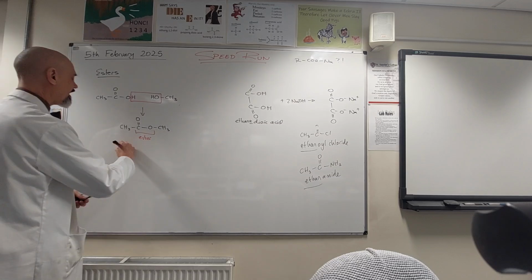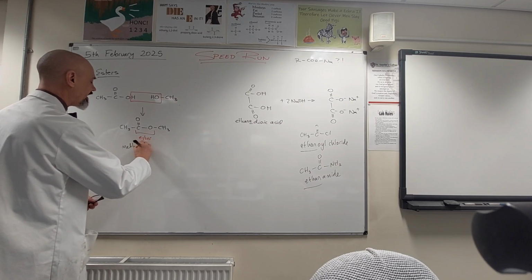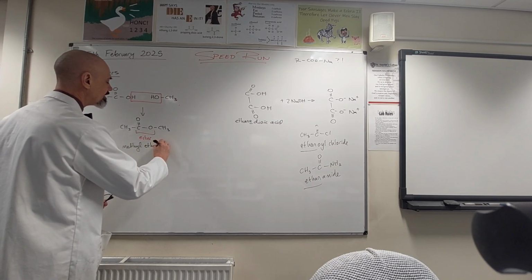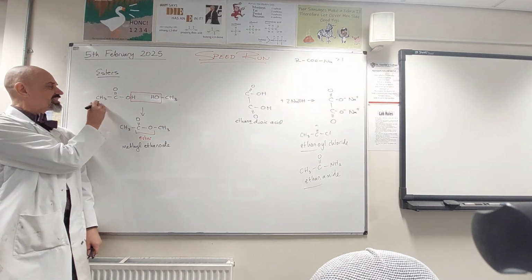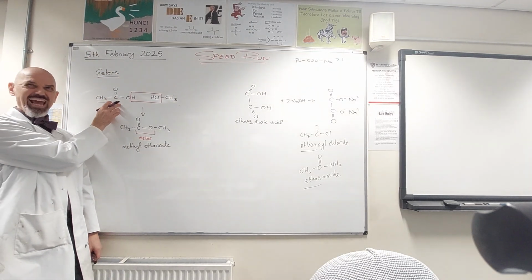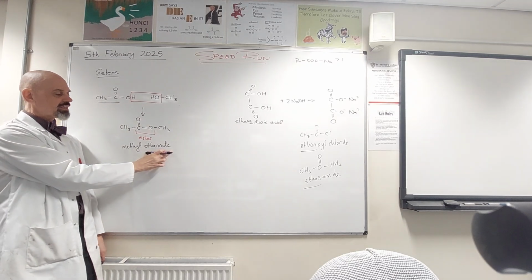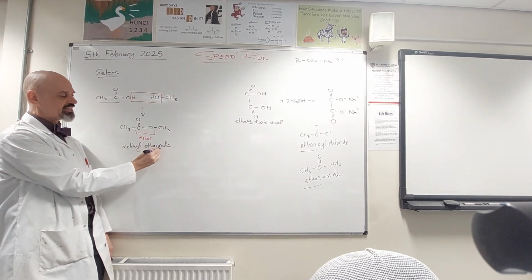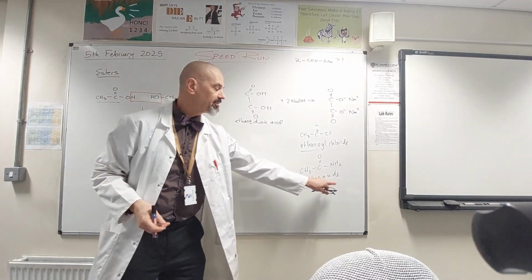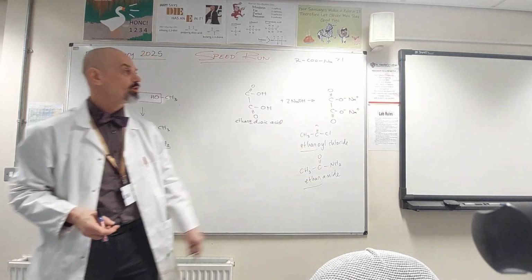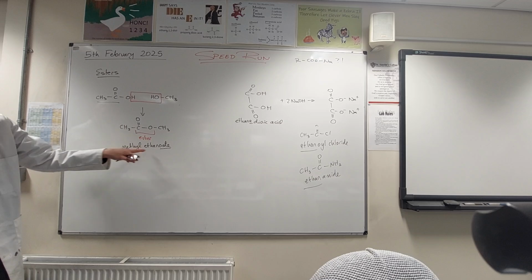So for naming our esters, the carboxylic acid bit, the ethanoic acid, becomes ethanoate. So the oate bit is the extra naming that we use for the ester, just like amide or oyl chloride. It's still ethan.